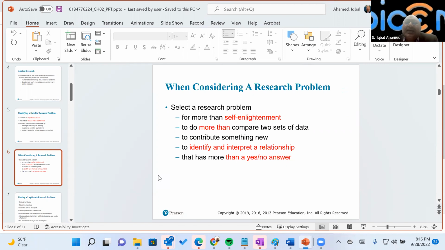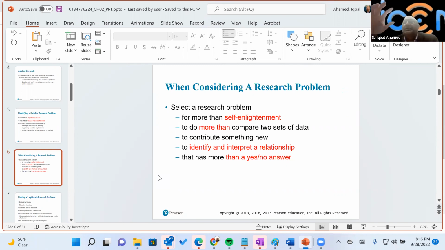Even when you consider a research problem, think about it: if you have a data set, or two data sets, you should think about more than the data set. You might want to compare data sets, but you might want to find out a little bit more.